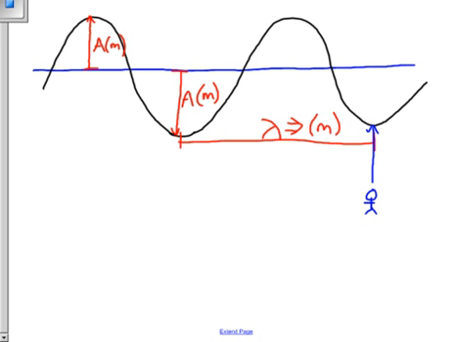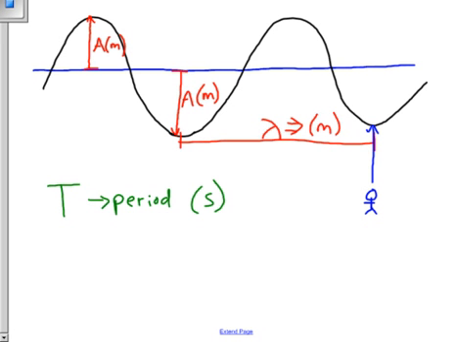Now notice I wrote down period for this. I didn't write down the word amplitude or the word wavelength. You definitely need to label those. Okay? The period in seconds. Now there was another one we did when we were swinging pendulums and springs, and that was the frequency. You need to write the word there.